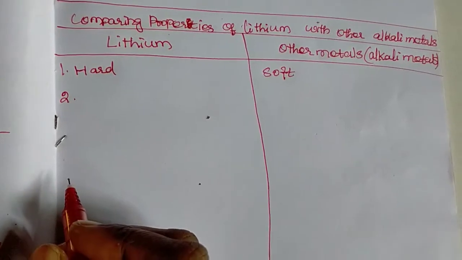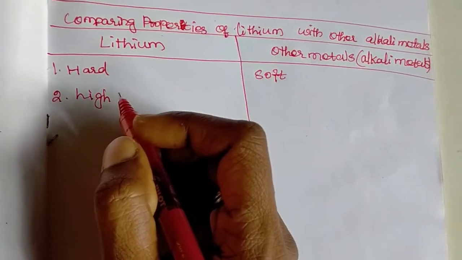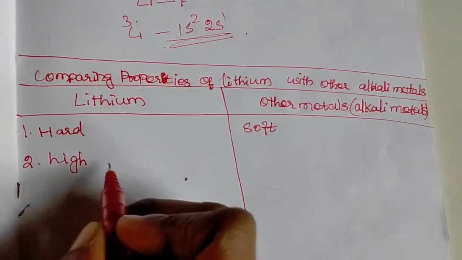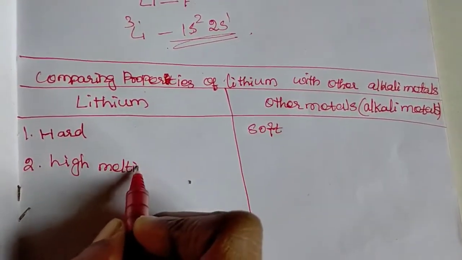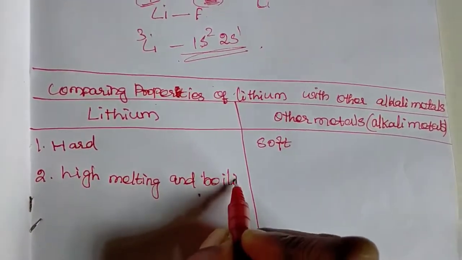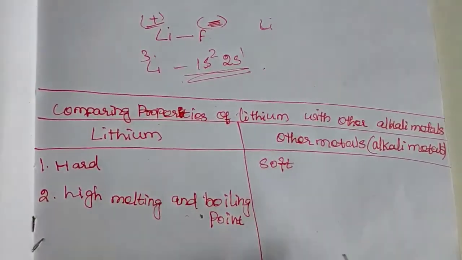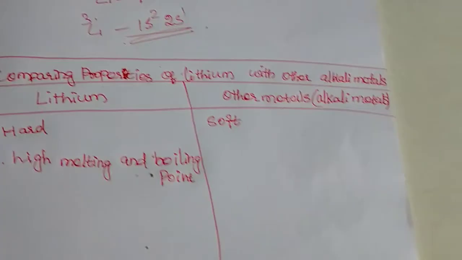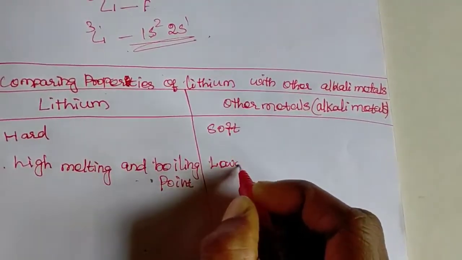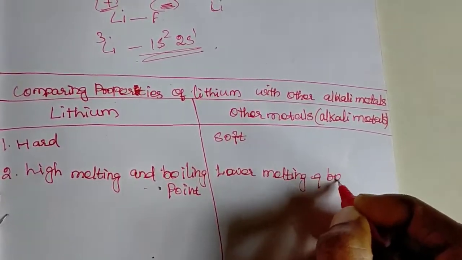And lithium has a high melting and boiling point. This is the opposite for the other alkali metals, which have lower melting and boiling points.